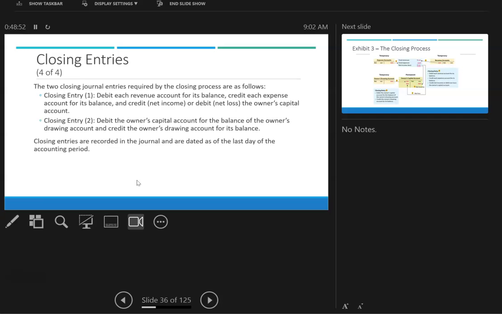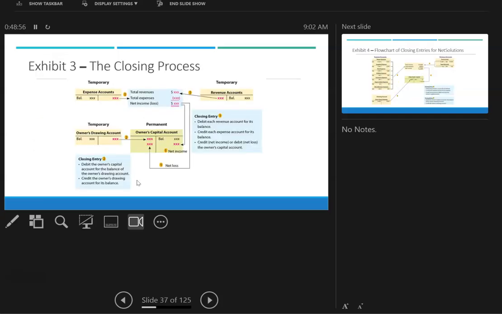Closing entries are recorded in the journal as of the last day of the accounting period. So what we're doing here, guys, all expense accounts normally have a debit balance, but we're going to credit them to wipe them out. Here are the revenue accounts.